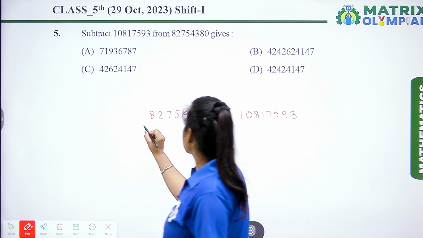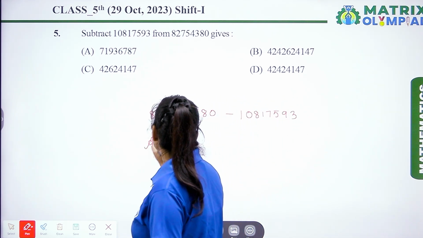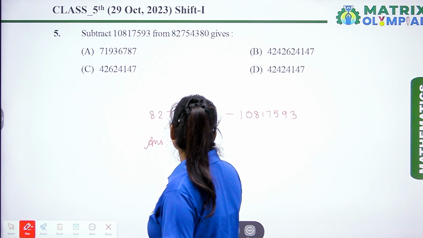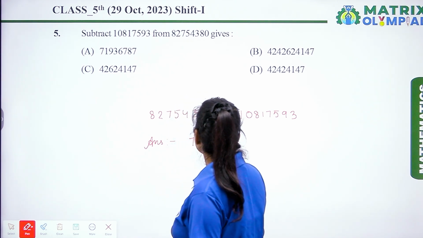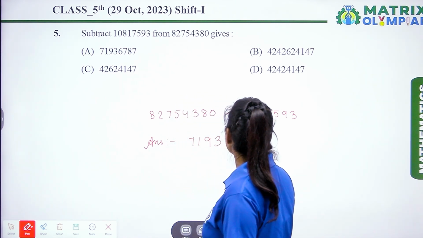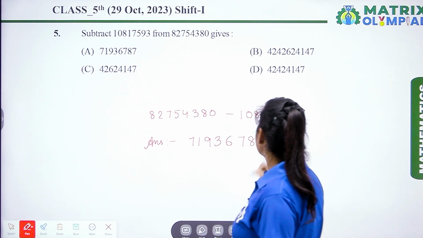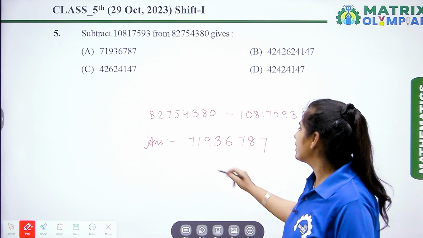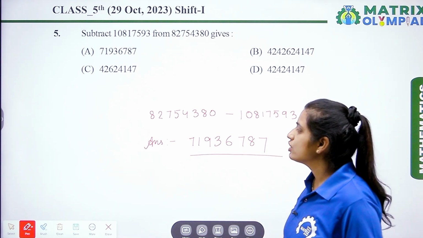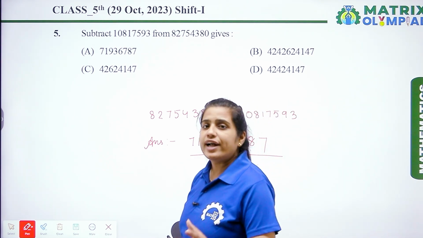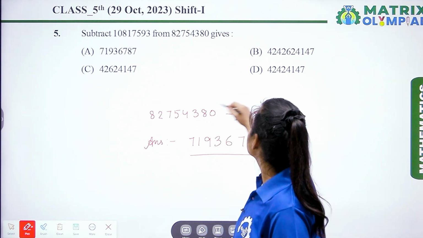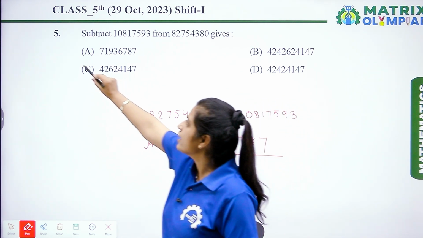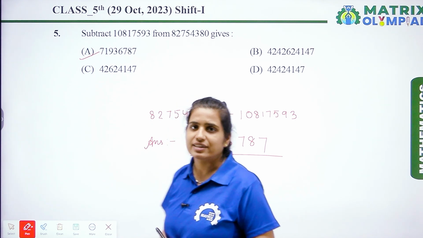So after subtraction, we get 7 crore 19 lakh 36,787. So here after subtraction, we get the answer this. So let's find out the answer out of these four options. So here option A is the correct answer.